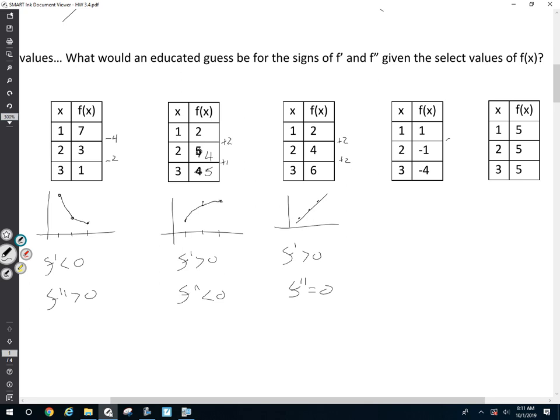1 to negative 1, I'm subtracting 2, then I'm subtracting 3. So I go from 1, 1 to 2, negative 1 to 3, negative 4. I am decreasing at a decreasing rate. So I'm decreasing, but my tangent slopes are getting more and more negative. I'm concave down.